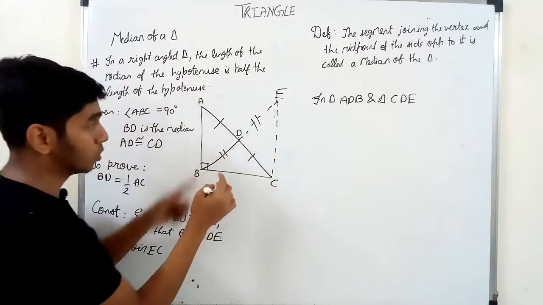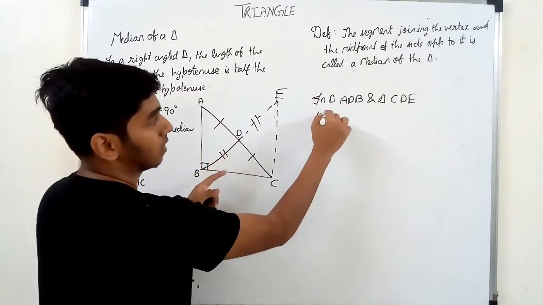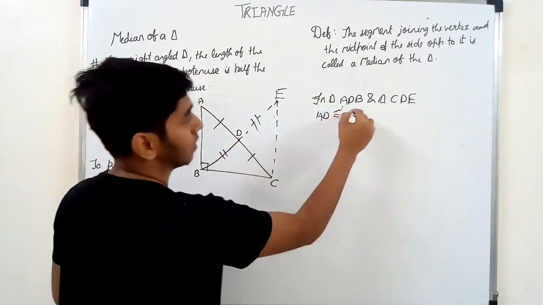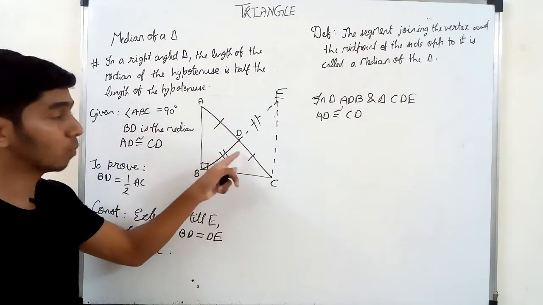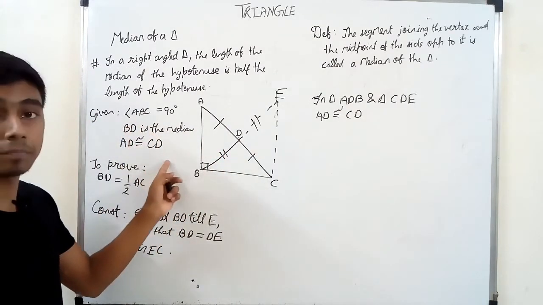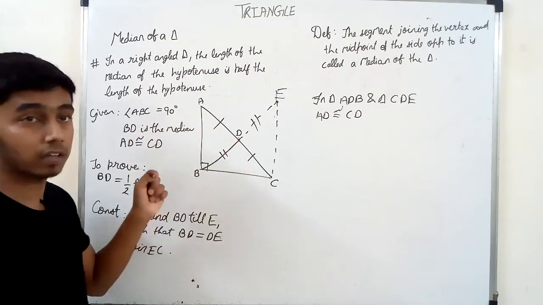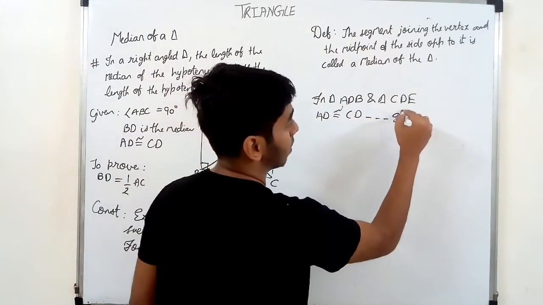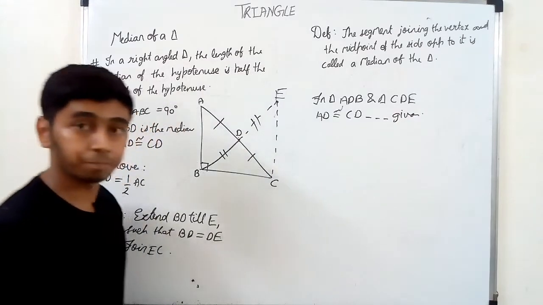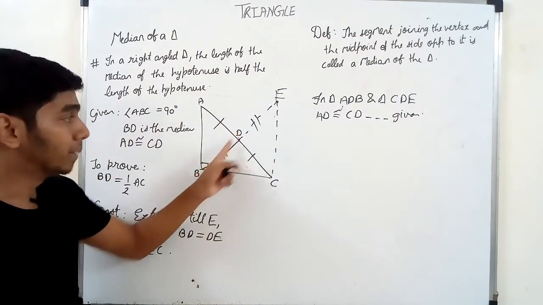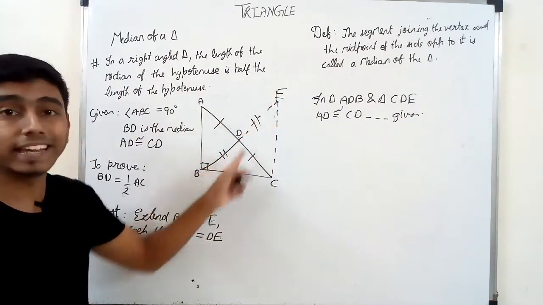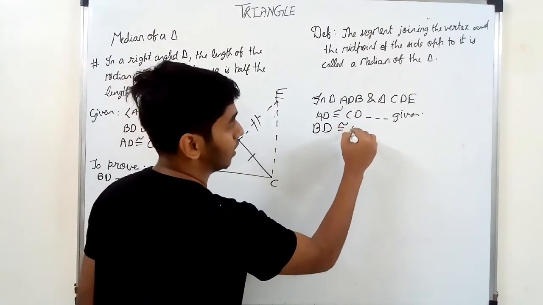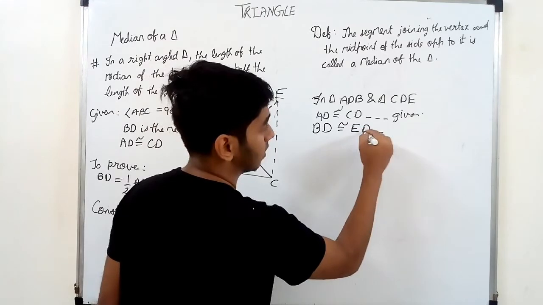We can say AD is congruent to CD. Why? Because that is given, because D is the midpoint as it's a median. Now, BD is congruent to ED.